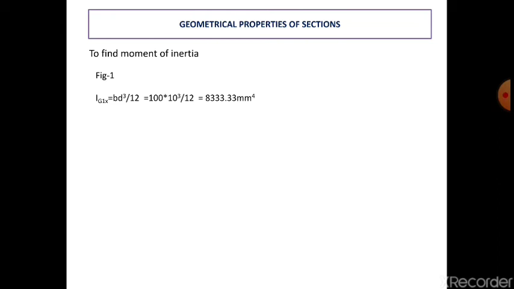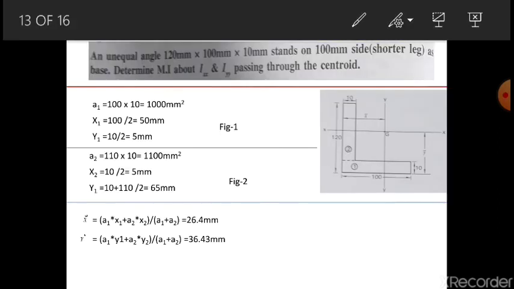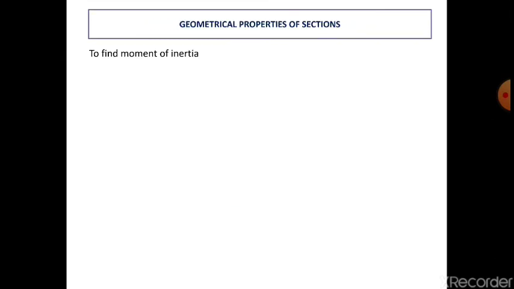If you can see in the object, this is the first figure and this is the 100 mm which is parallel to the x axis. So we are taking this as B and the other side will be taken as D. So it is 100 into 10 raised to cube by 12, which will give you 8333 mm power 4.